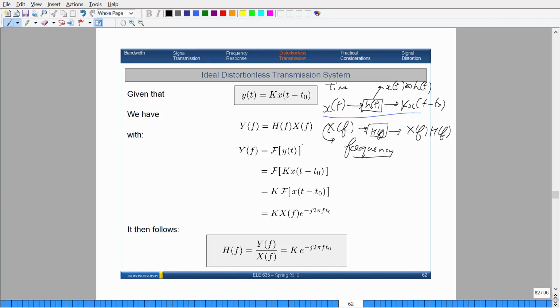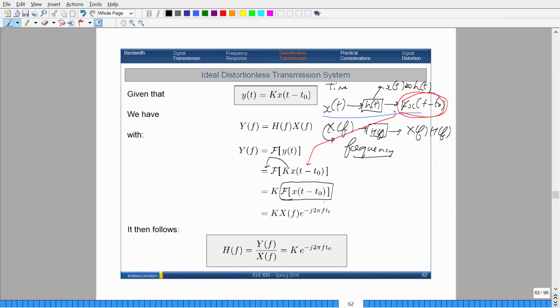Okay, so we're going to take the Fourier transform of the output here. So whatever output comes in, this is the output that we get. We want to take a look at what this Fourier transform is, which is what we're doing over here. When you take the Fourier transform of a constant, you can just bring that out, okay? And then this is what we get.